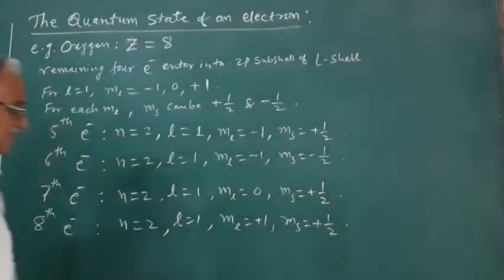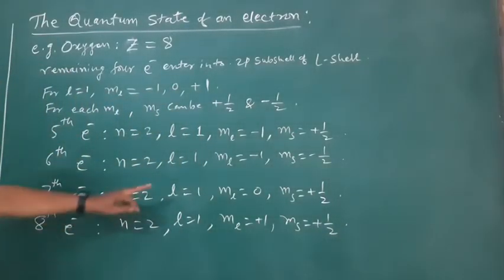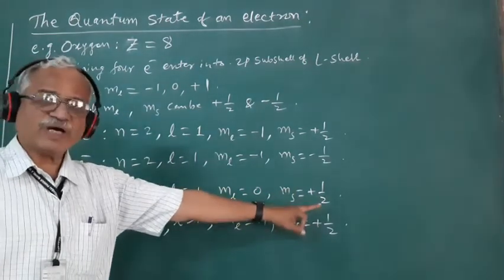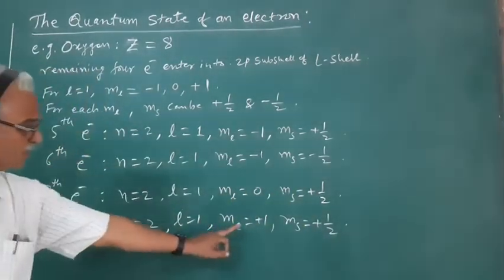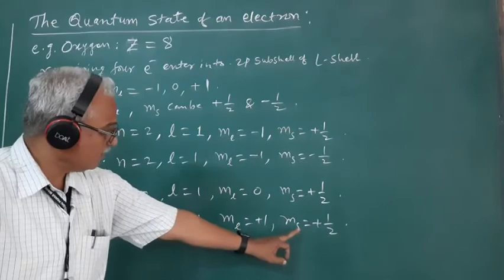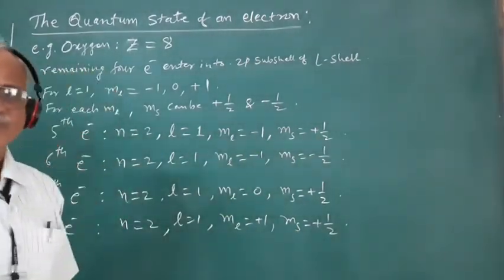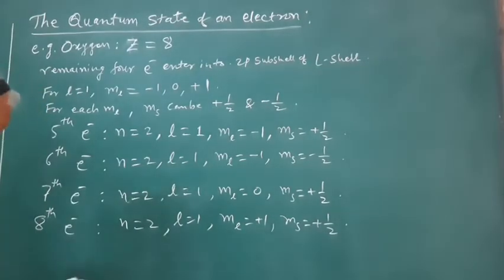So for ml equal to 0, ms equal to -half, and for ml equal to +1, ms is equal to -half, these two positions are vacant. So this 2p subshell is not completely filled.